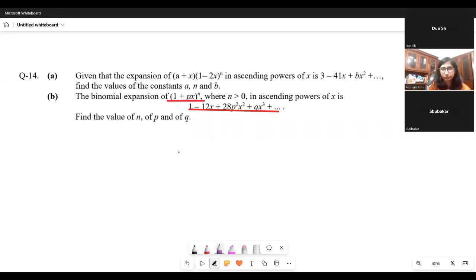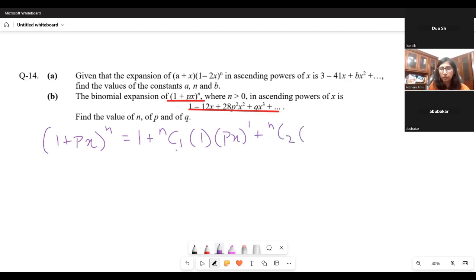Part B, going to expand 1 plus px power n. So 1 is going to stay 1, plus nc1 px power 1, and then nc2 px square, and then nc3 px whole cube.